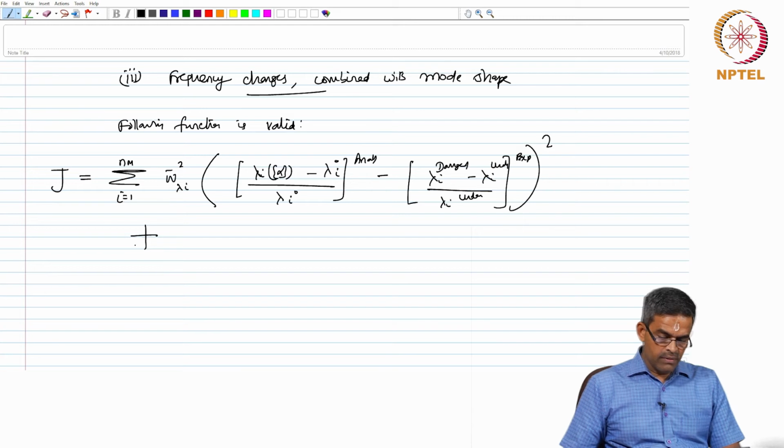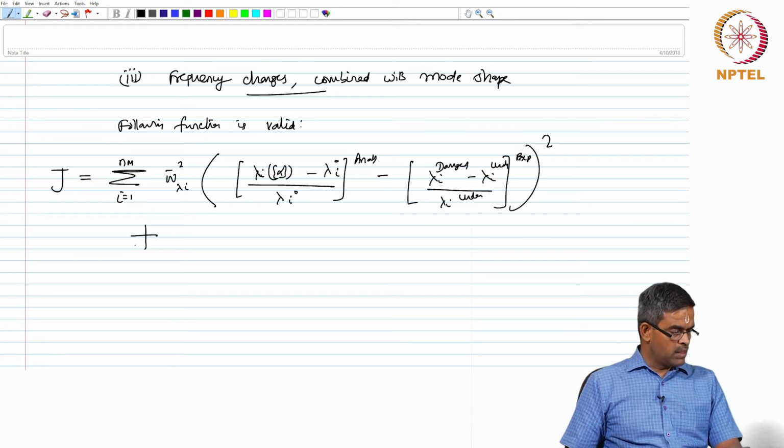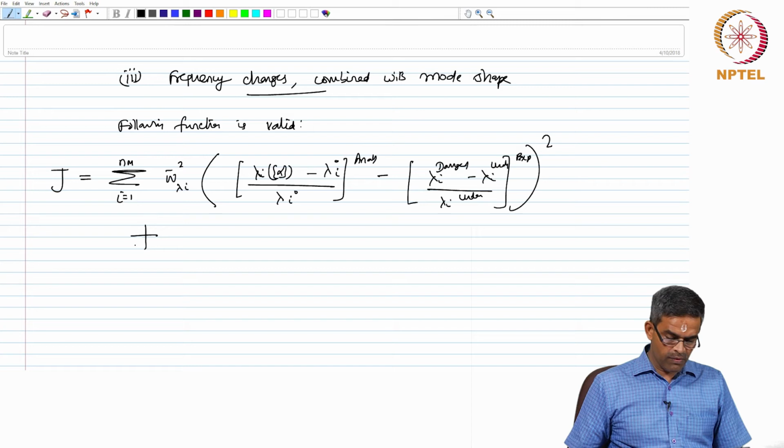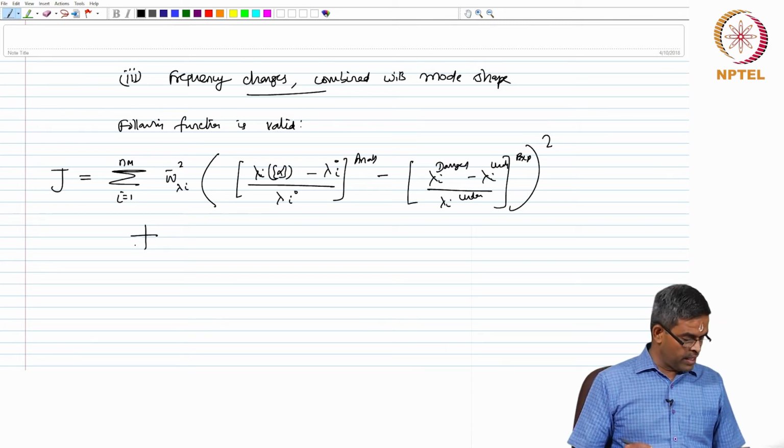This is arising from one part of the problem, the frequency change. The second is from the change of mode shapes.